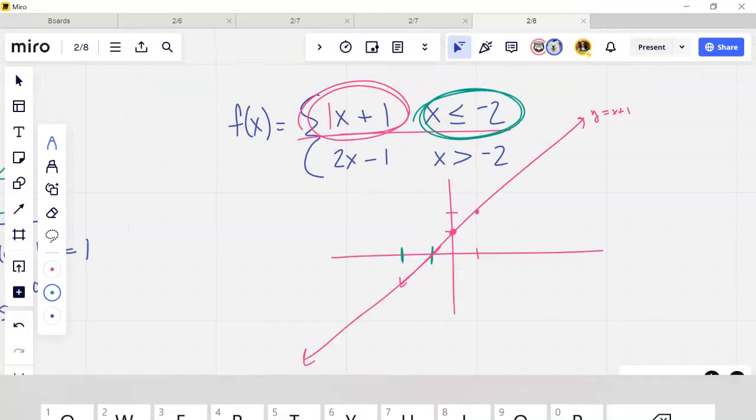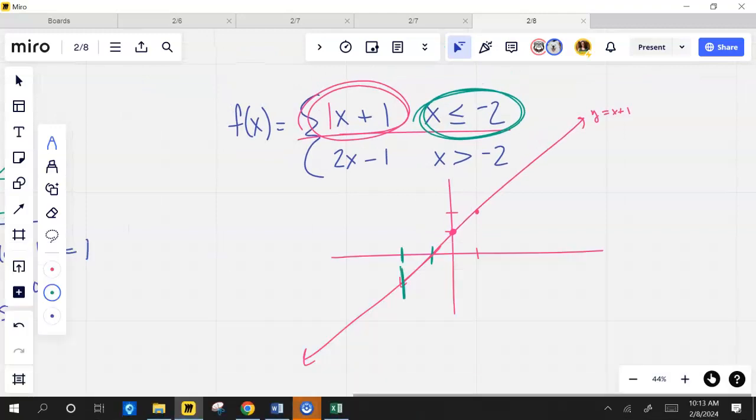So what I'm saying with this is I'm saying at -2, I want to cut this off. And I only want one side of it. So I have to decide, but what side do I want? Is that when x is less than -2? I want the left side, right? I want all of this to be the graph I keep, and I want all of this gone.